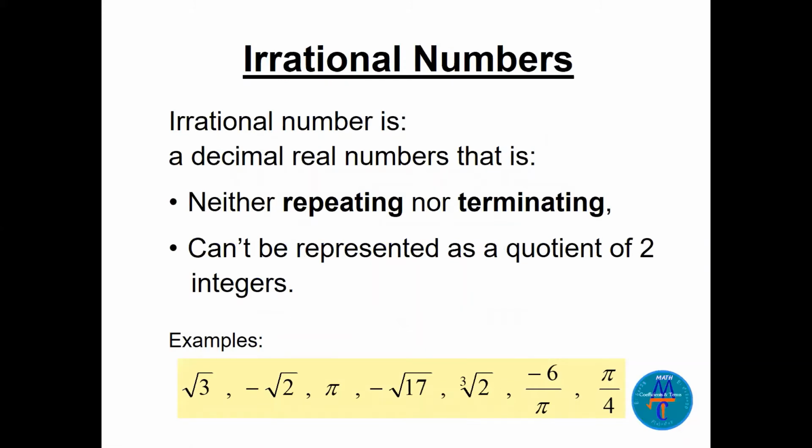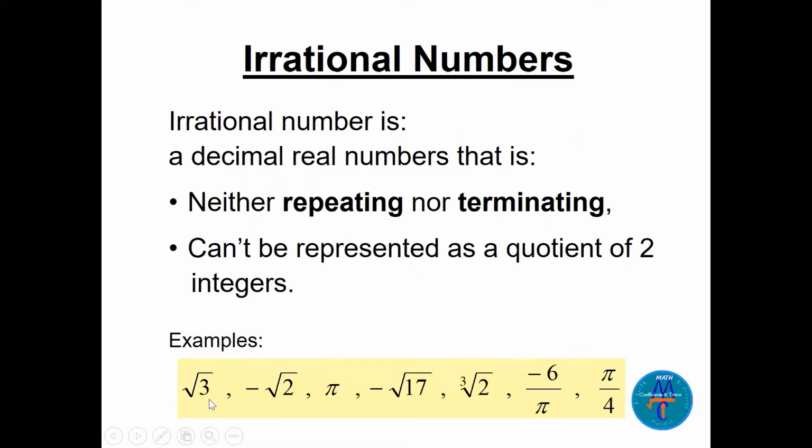What is an irrational number? Simple. An irrational number is not rational. If we know what is rational, it's an integer over a non-zero integer. It can be repeated or terminating. Now, the irrational numbers are not repeated, not terminating. We can call them ugly numbers if you like.